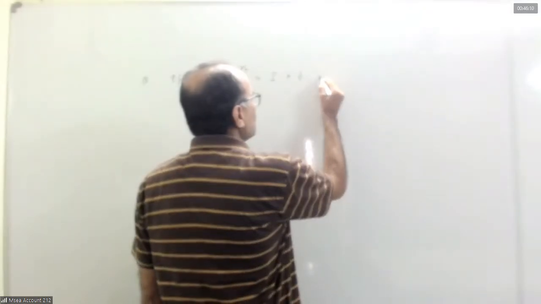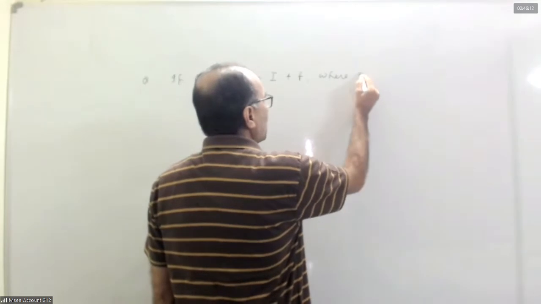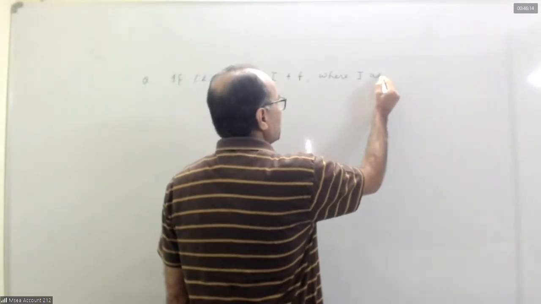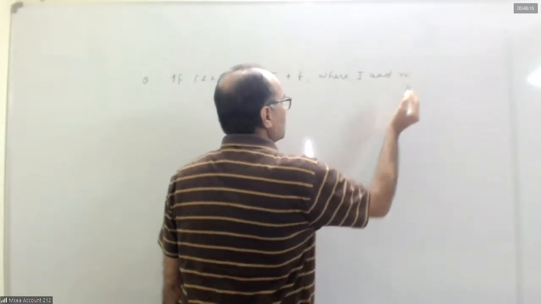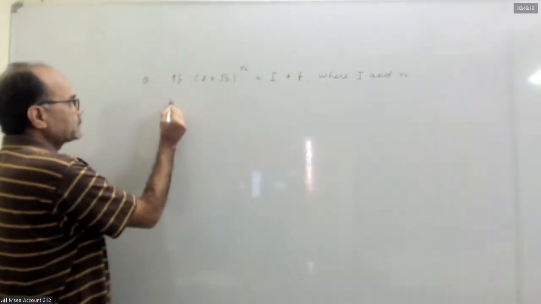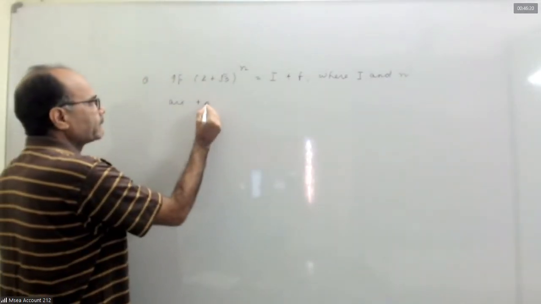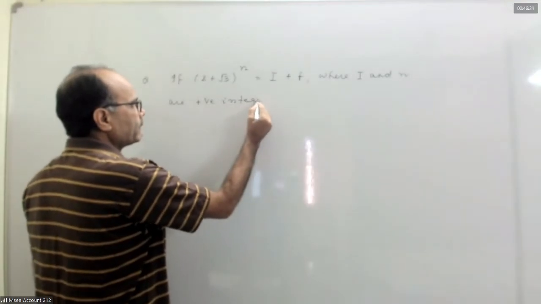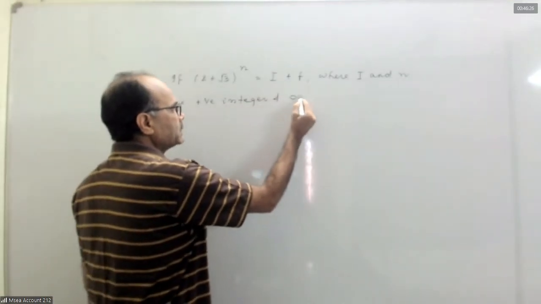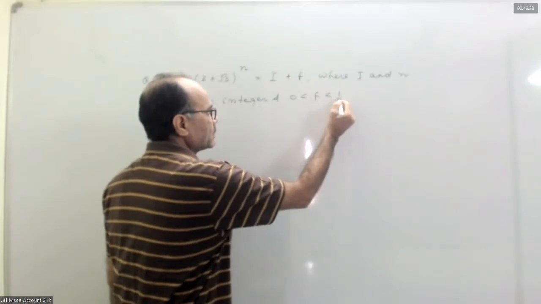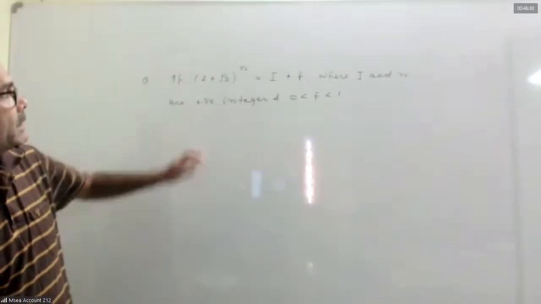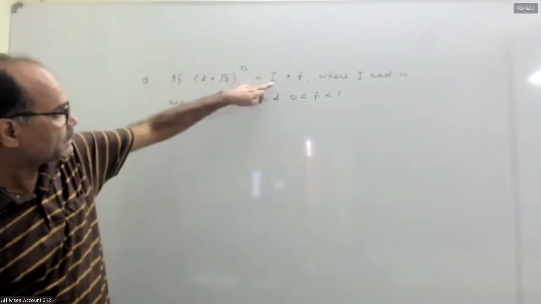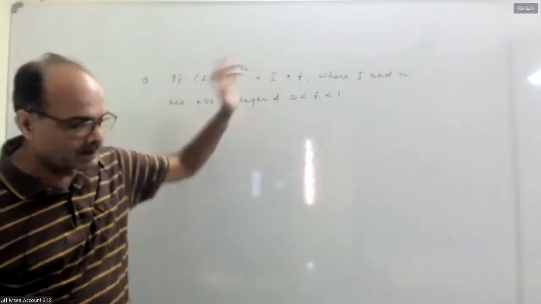Where I and n are positive integers and 0 less than f less than 1. F is a proper fraction, meaning the integral part of this is I and the fractional part of this is f.